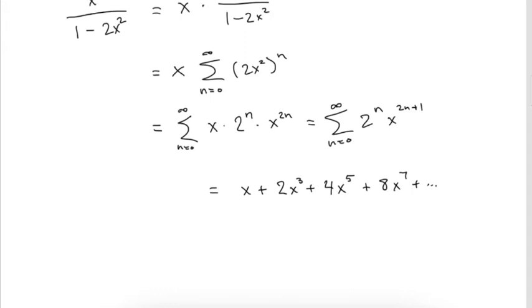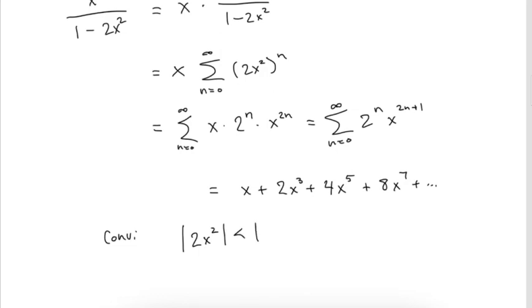All right, what about the convergence? So this example is not all that different from the previous ones, although the convergence is a little bit more interesting. For the convergence, as we always say, absolute value of x less than 1, but in this case, instead of x, I used 2x squared. So this time it's going to say absolute value of 2x squared less than 1.